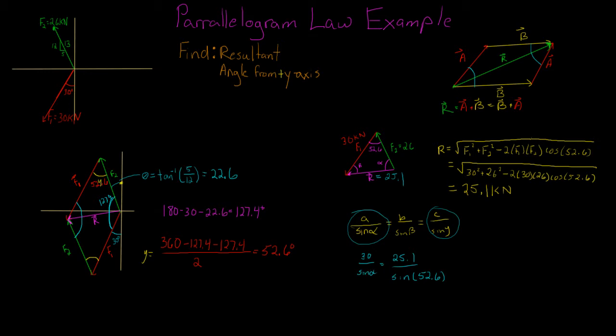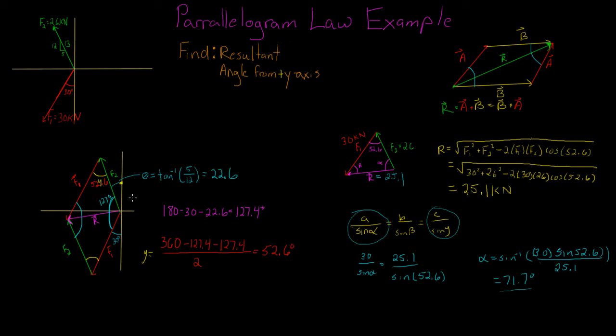If I solve and isolate alpha, I get alpha is equal to the inverse sine of 30, let's put it in parentheses, 30 times the sine of 52.6, divided by 25.1. And then alpha is going to be equal to 71.7 degrees.